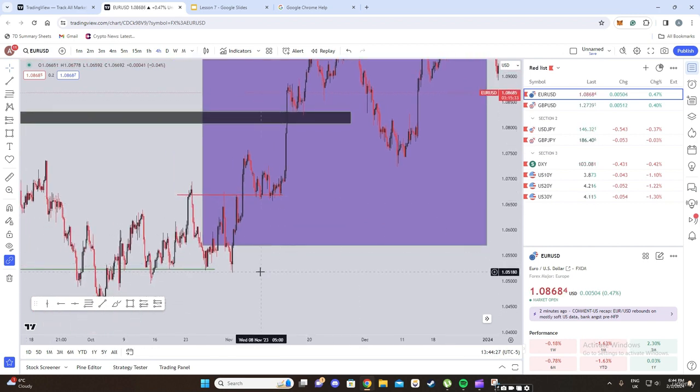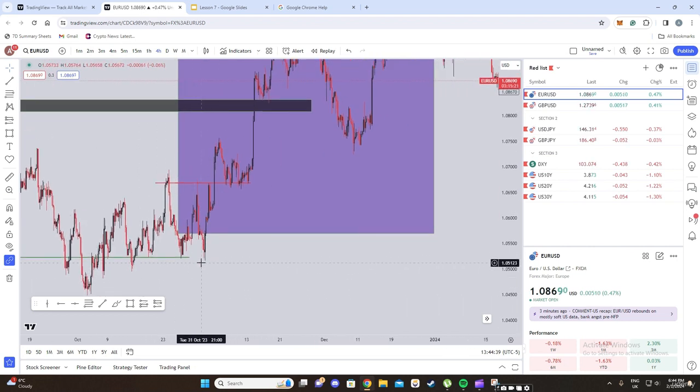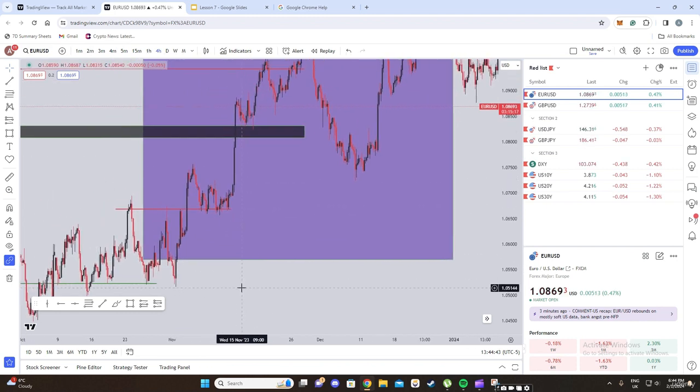So when we zoom in, you can see price had the wick below these equal lows before this initial displacement. So our underlying bias would be bullish because price took out the sell side liquidity here. Then we've seen this displacement confirming our bullishness in price.